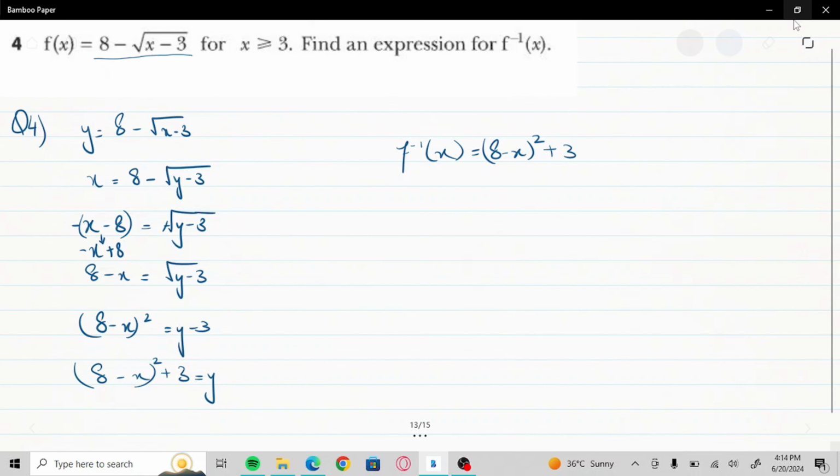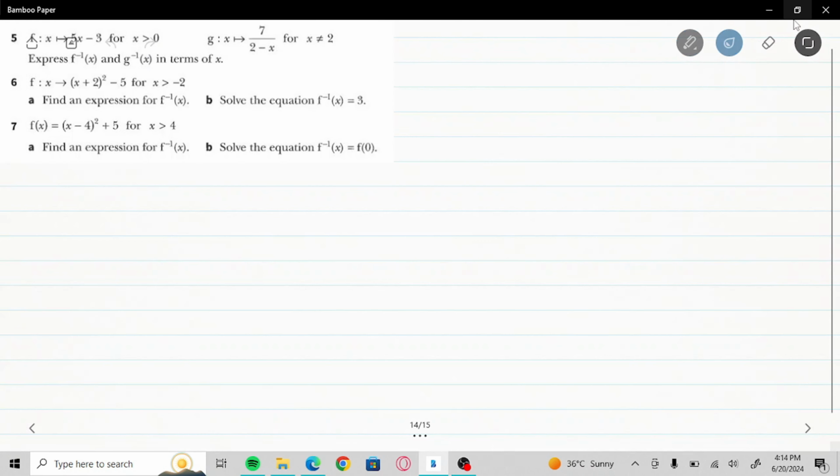Now proceeding towards question number 5. We have been given a similar equation, f(x) equals 5x minus 3 and g(x) equals 7 upon 2 minus x. Right now we have to find the inverse of the function f and the inverse of the function g in terms of x. So first of all, find the inverse of the function f.